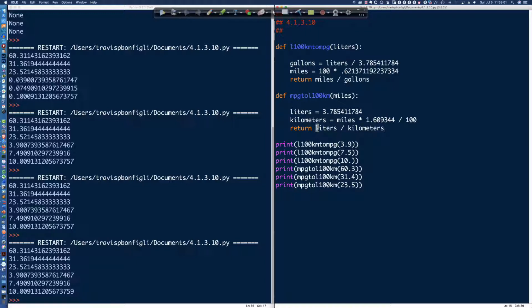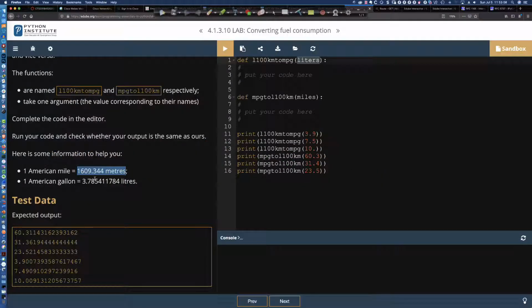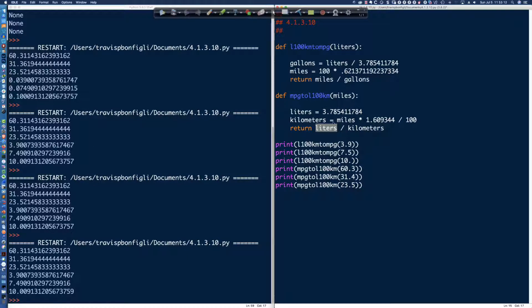So now we're going to divide the number of liters, which is 3.7854, and that's 1 American gallon, and then convert to get my kilometers using the miles that were being passed times 1.609344 divided by 100 to get exactly what the activity is asking for.